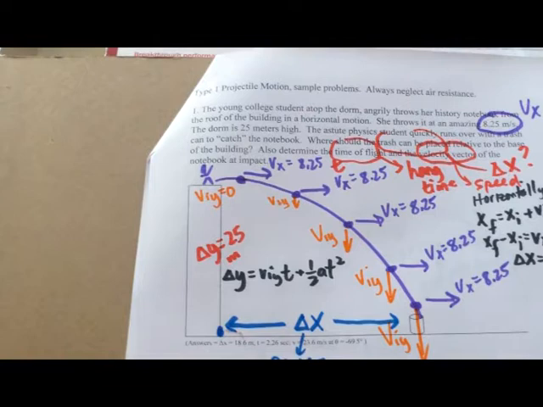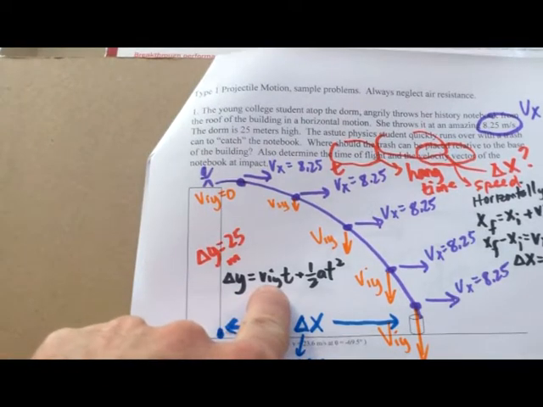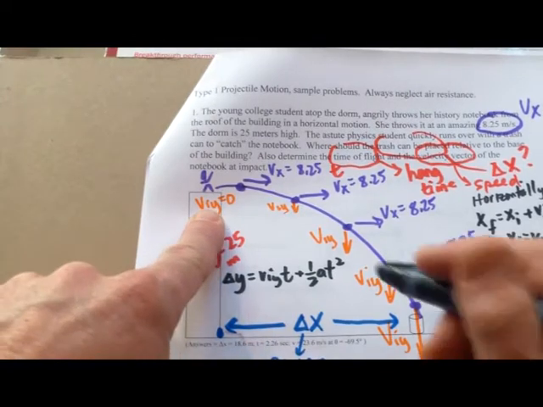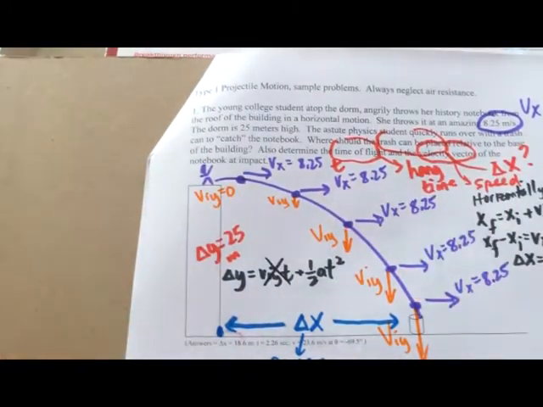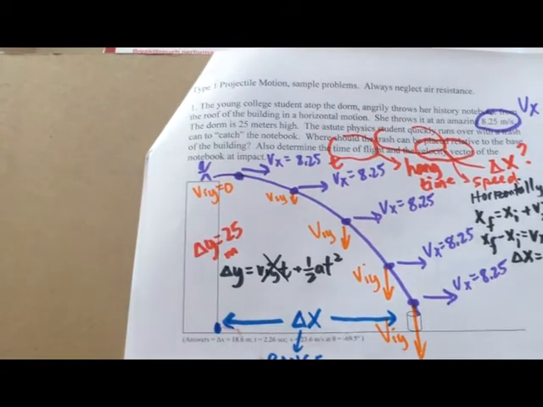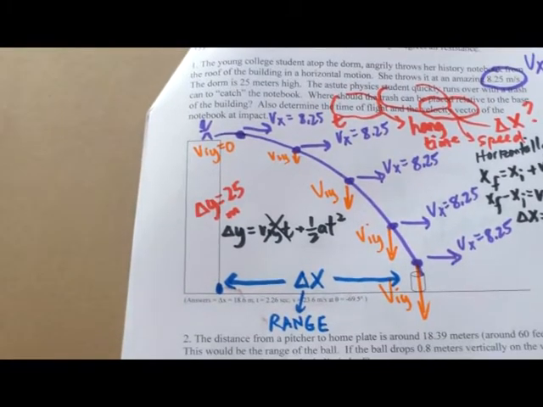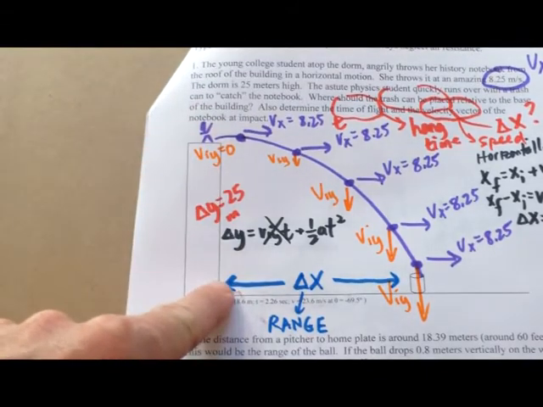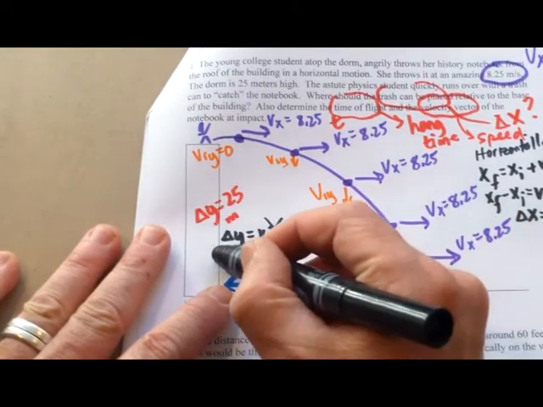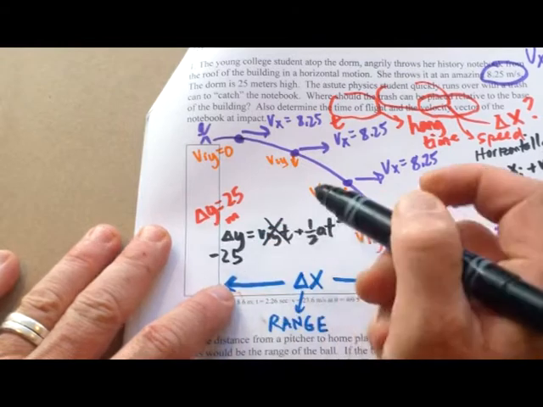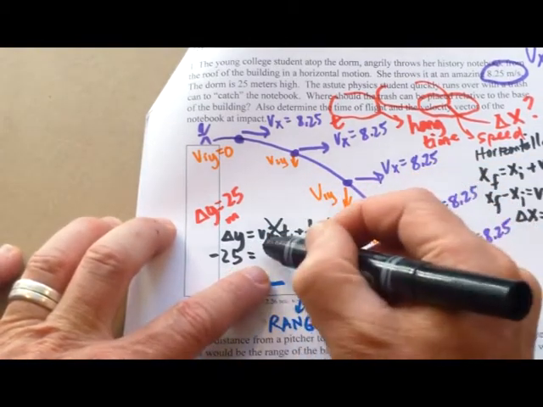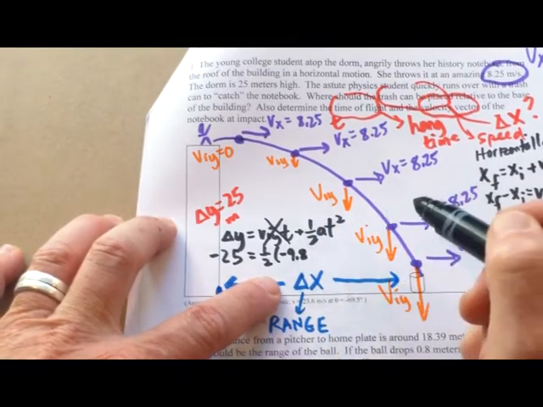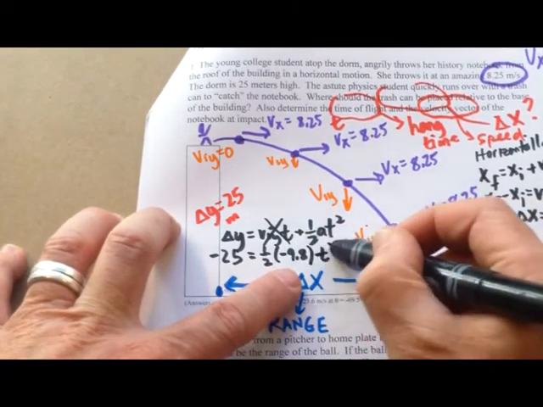Well, we know this VIY, we know that the object has no initial velocity in the y direction. So this term goes away. And we know then that this represents that the notebook falls 25 meters. So we're going to call this negative 25. And that's going to equal 1/2 negative 9.8 times t squared.